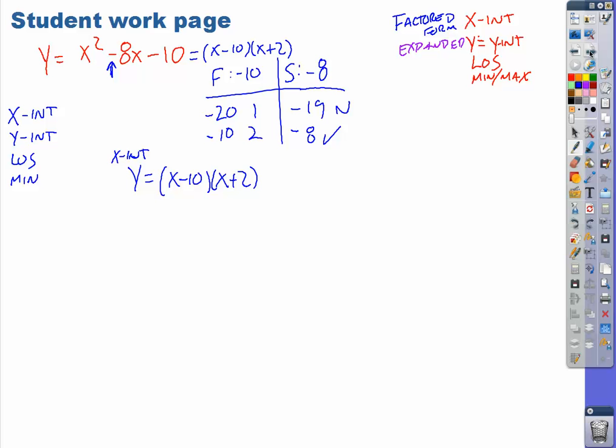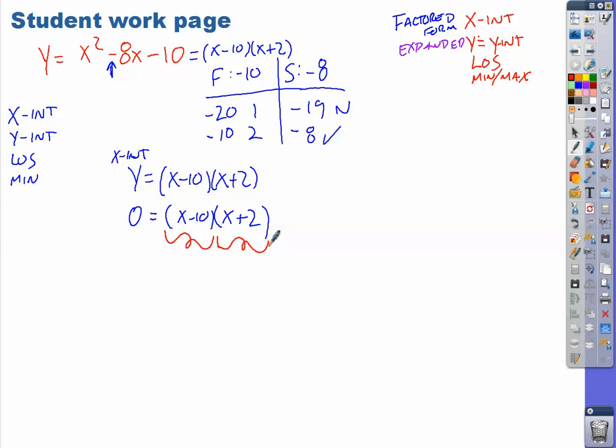So we have 0 is equal to, because y is always equal to 0, x minus 10 times x plus 2. Now I'm going to conceptually go through this first. We have one number here, and one number here.